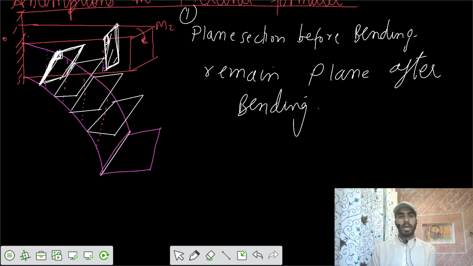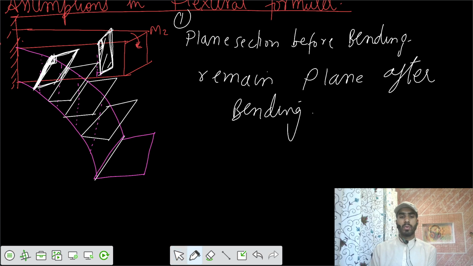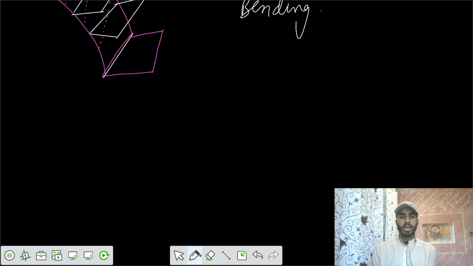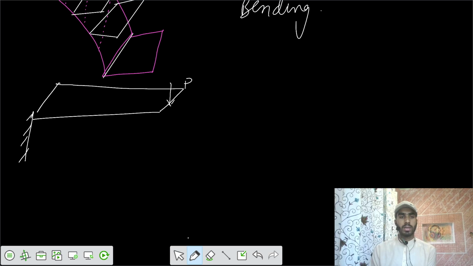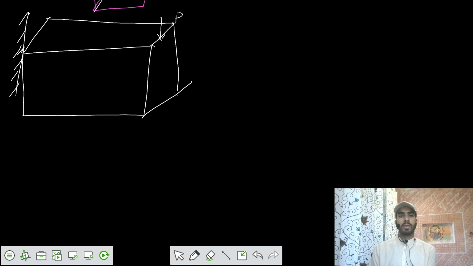But if you are not applying pure bending, let's say you are applying a shear force, a concentrated load, say at the center, a load P. This is the initial thing.